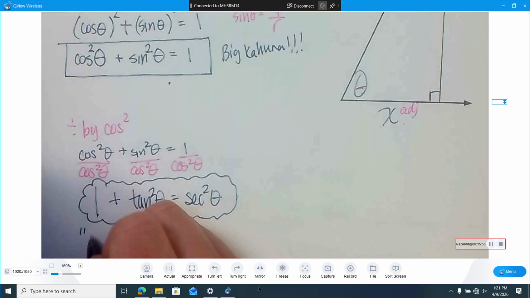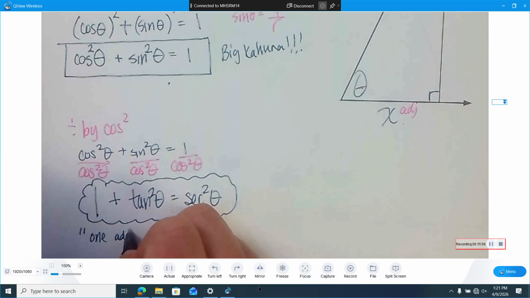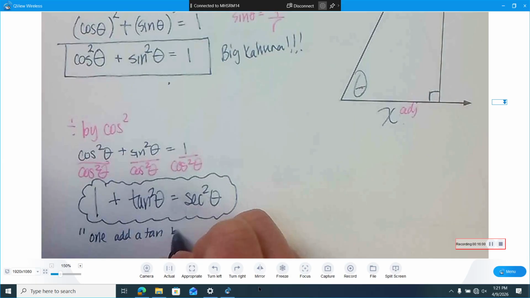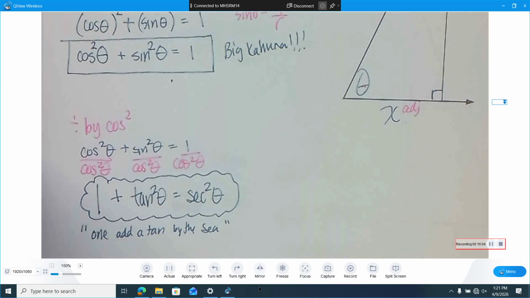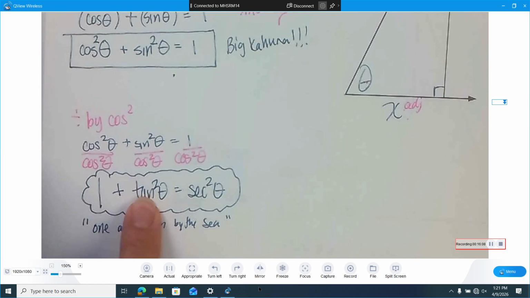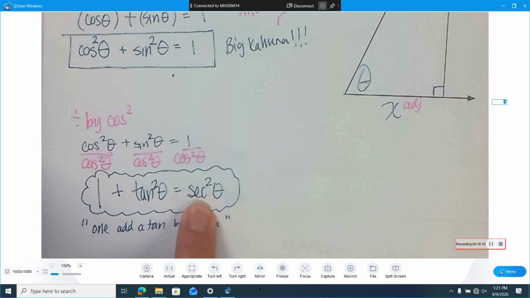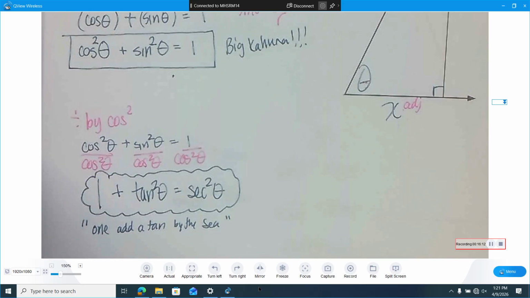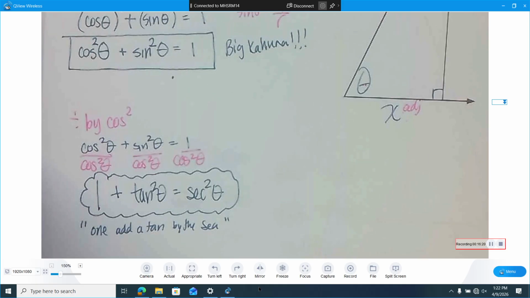And the phrase was, 1 adds a tan by the sea, tan squared. Okay, so 1 adds a tan by the sea. Oh, yeah, it's pretty good. I have to say it out loud to myself every time I want to think about it, but that's pretty good.